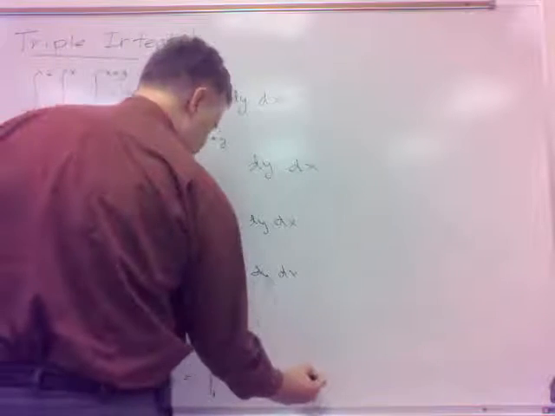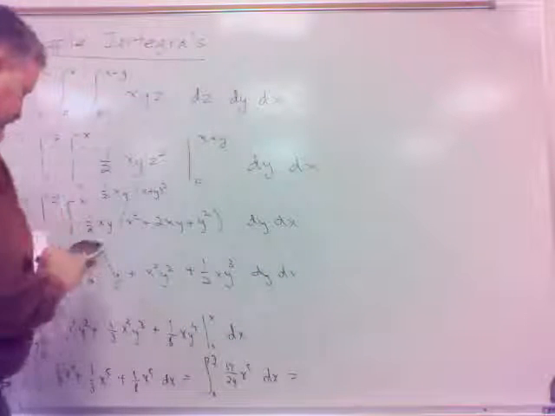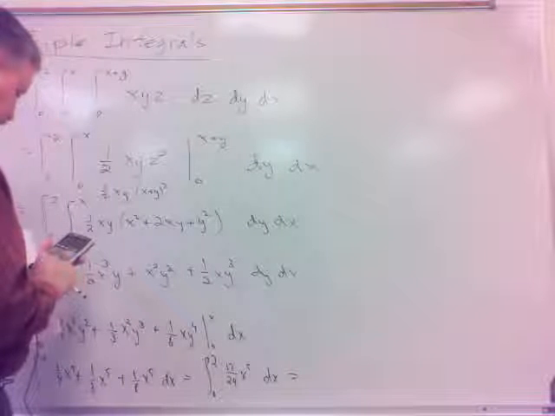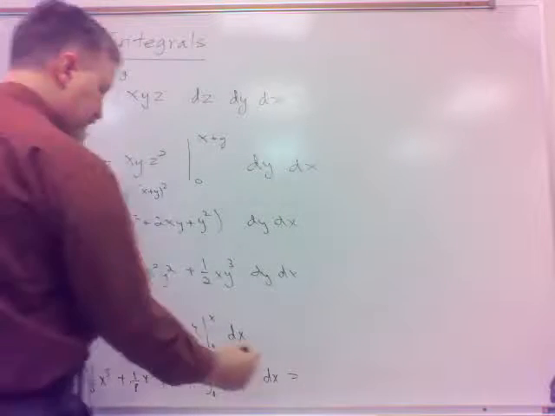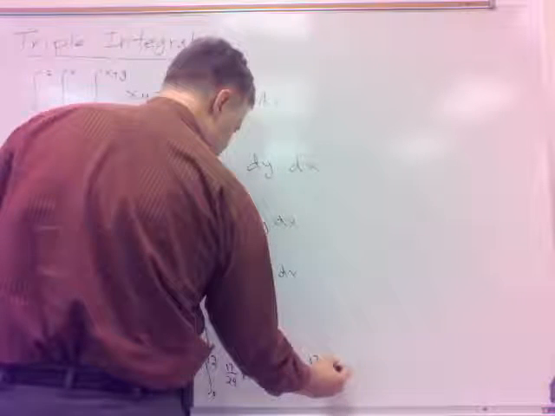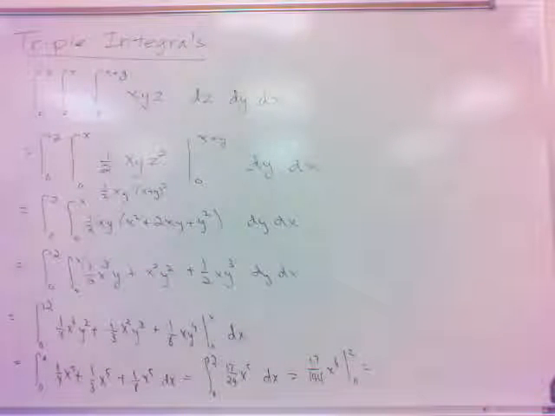And so we do the integral there, so that would be 17 over 24 times 6. So 17 over 144, x to the 6, so 0 to 2, what do we wind up with? 17 over 144 times 2 to the 6th gives me 68 over 9.